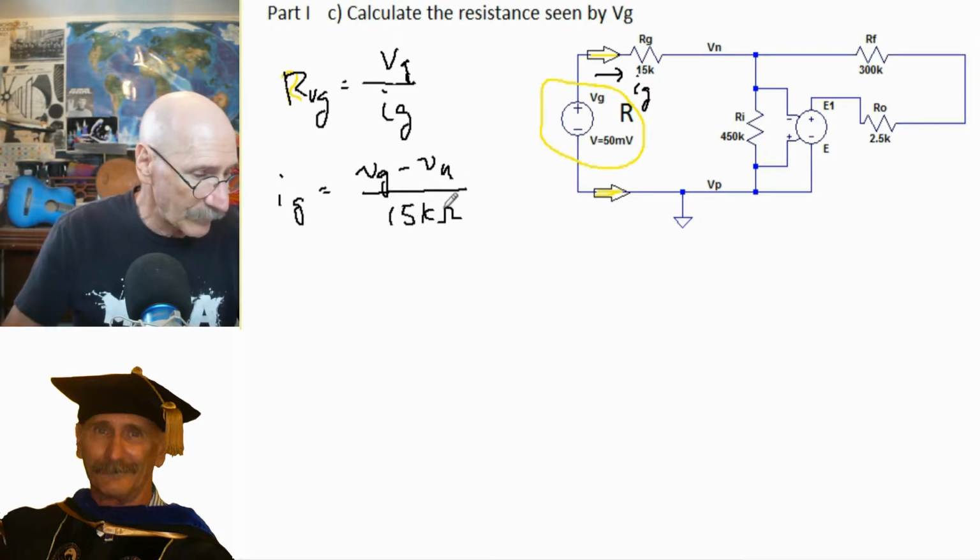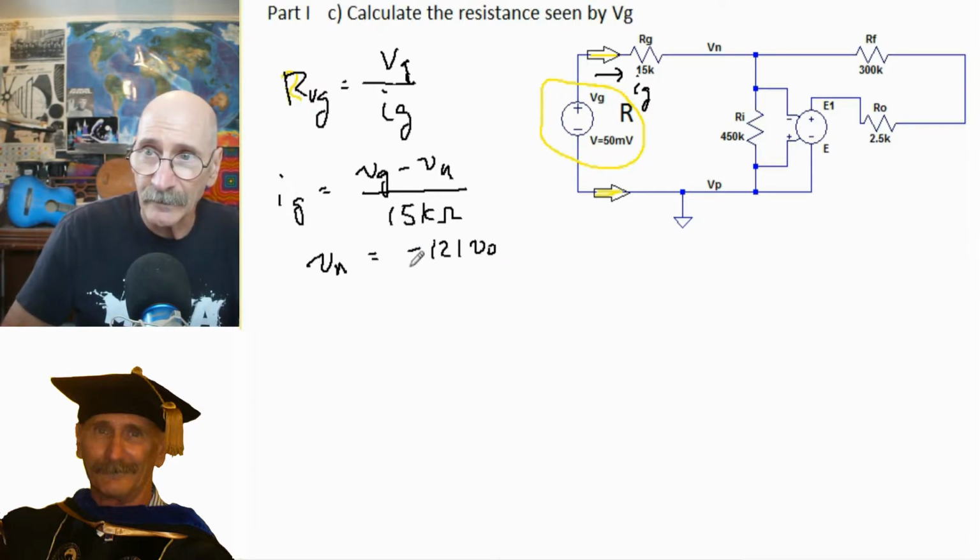But we do have some relationships we can use. The first one we're going to start out with is Vn is equal to minus 121 V out divided by 400K minus 1. We have that relationship.